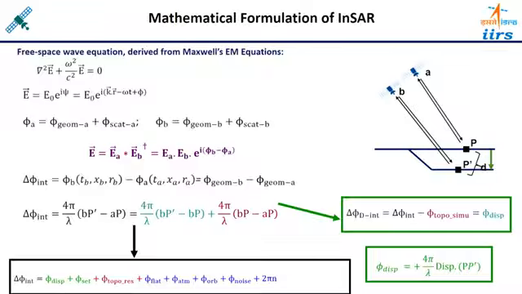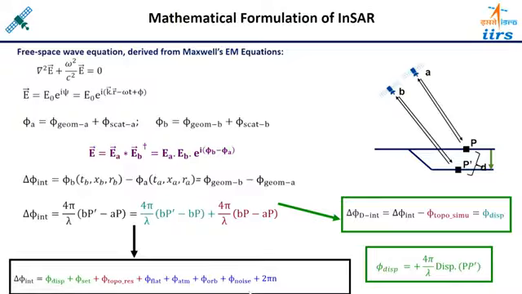Because of that uncertainty in the orbital positions, some phase difference between both the signals is generated, and that phase difference is called the orbital phase. So the orbital inaccuracies are also contributing to the interferometric phase.